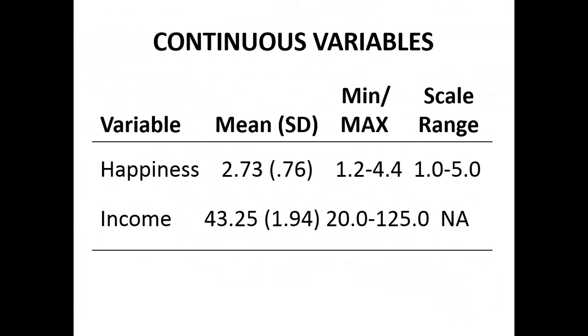It's good to mention the scale range because the minimum and maximum would have a different meaning if the range was, say, 1 to 10, right, and the highest score was 4.4. It would mean there's not a lot of really happy people. But if it's 1 to 5 and the highest is 4.4, we know some people are getting close to that highest maximum happiness level, right?